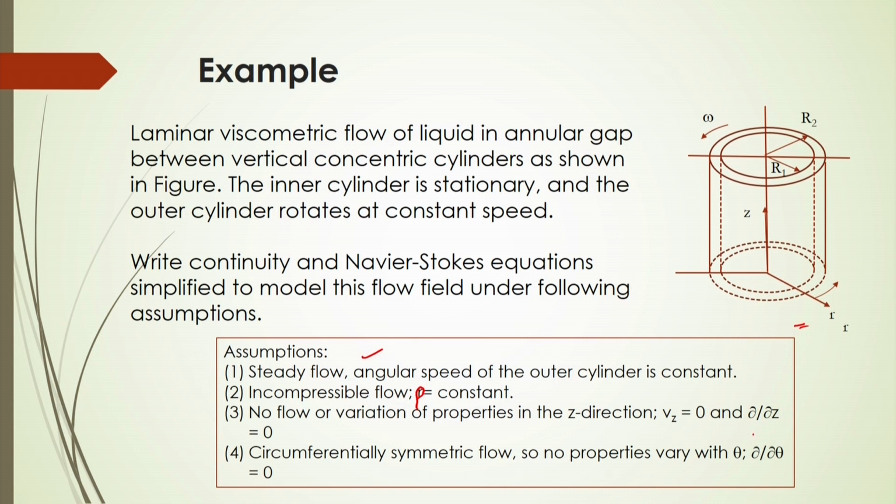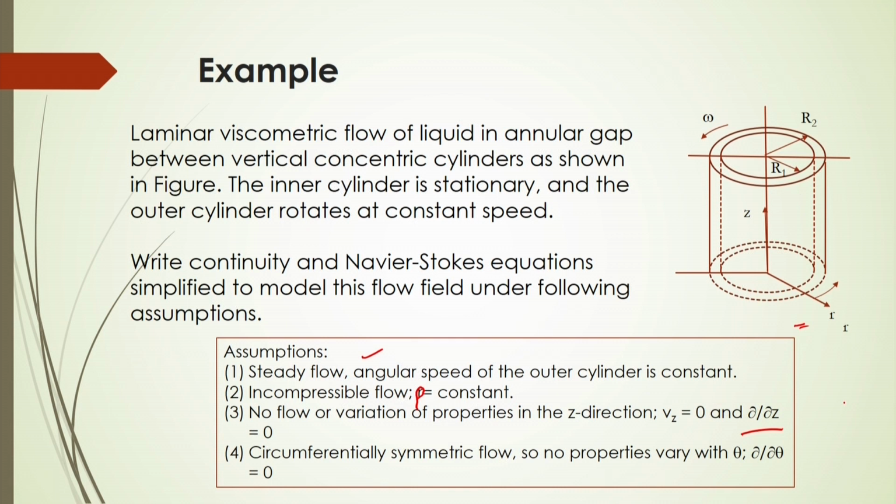So V z and dou z will be equal to 0. Similarly, circumferentially, if you consider symmetric flow, then there will be no change of properties with the theta direction, so dou theta will be equal to 0.